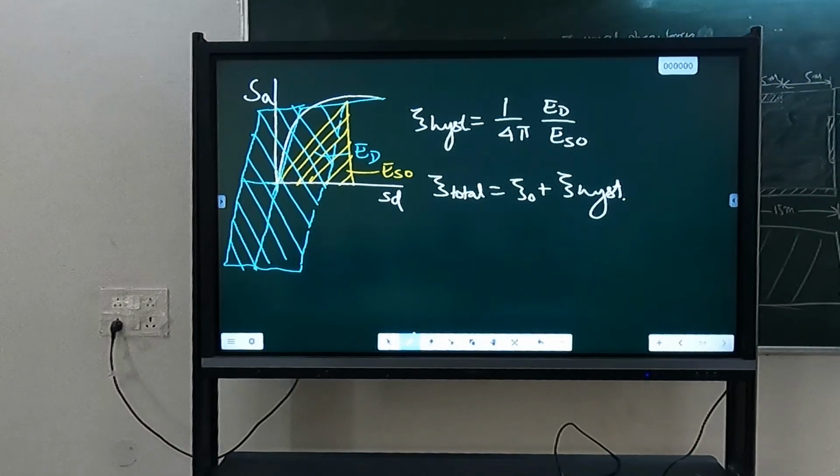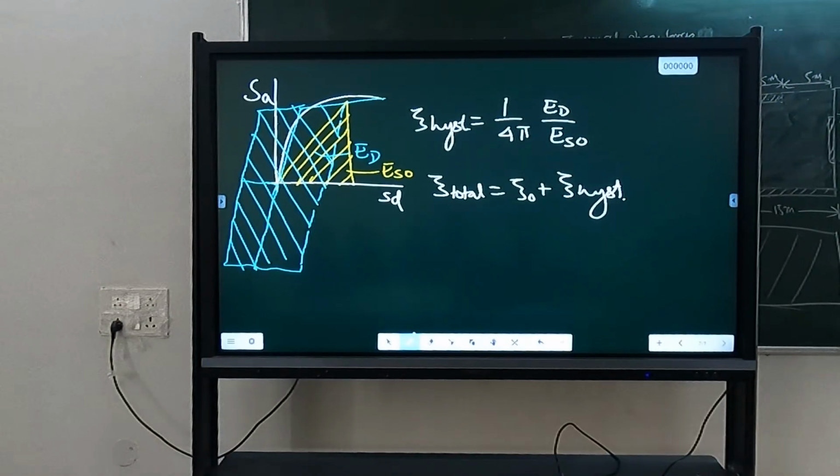ES naught is the energy which will be stored by the elastic system. An elastic system is not dissipating, it can only store, and when you relieve it, it will give you back that energy. Whereas ED is the energy dissipated by an inelastic system. An inelastic system will store some energy, it will give back some energy, but part of it will be destroyed.